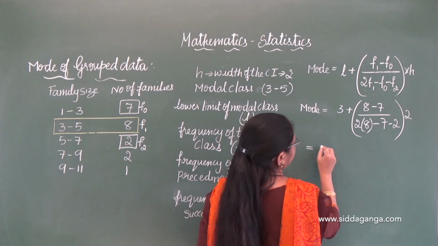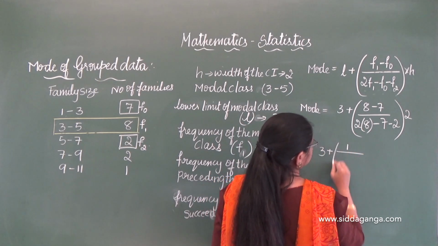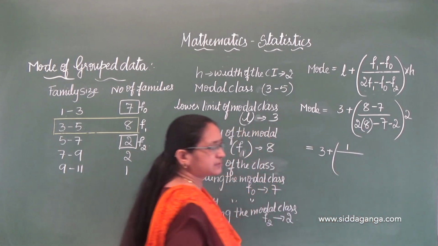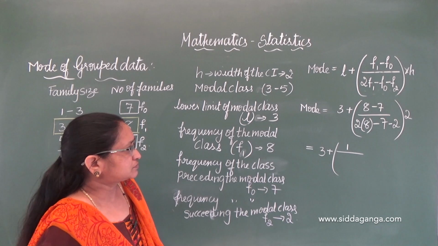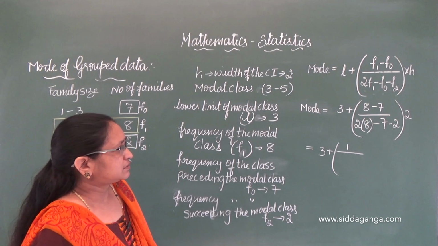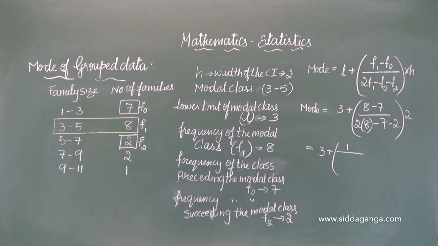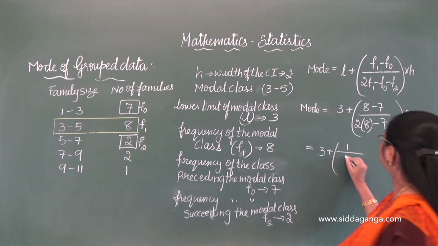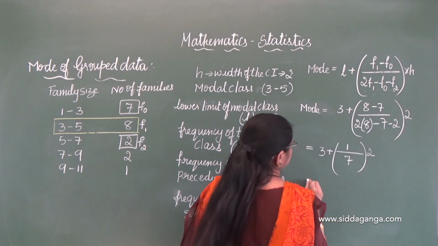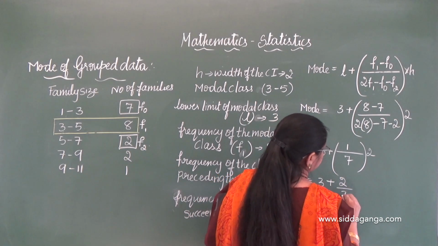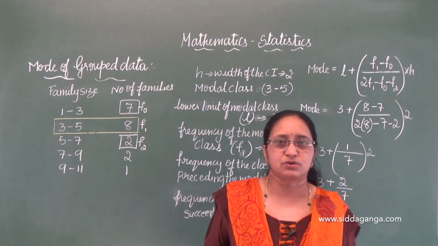So we will simplify it. 3 plus 1 by 16 minus 7 minus 2. 16 minus 7 is 9, minus 2 is 7. So 3 plus 2 by 7, okay.